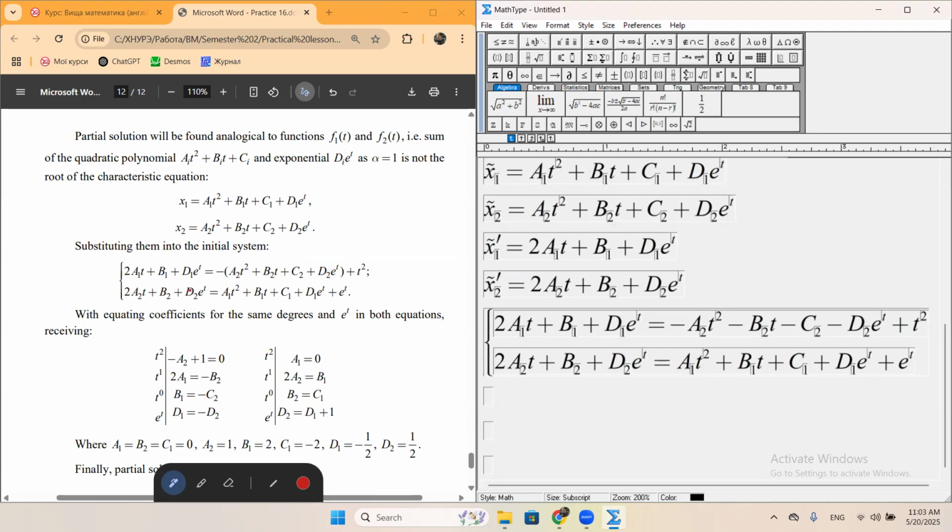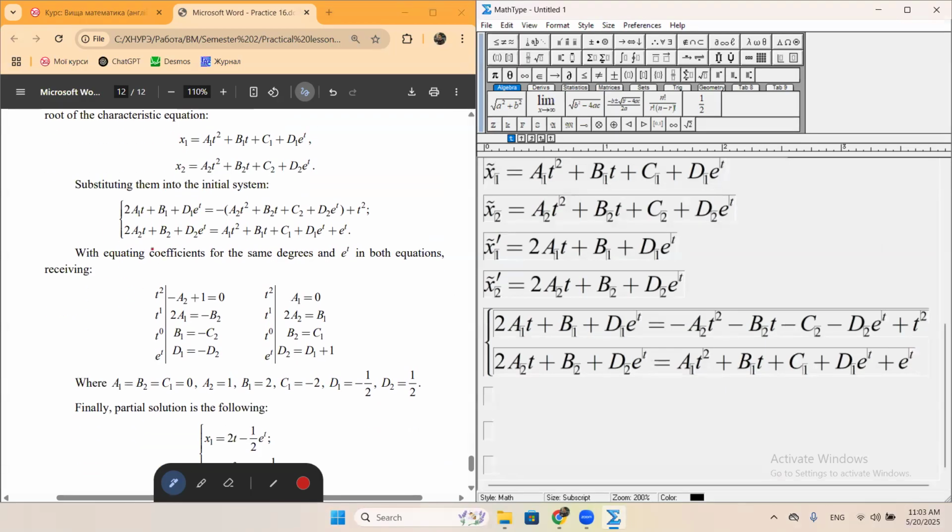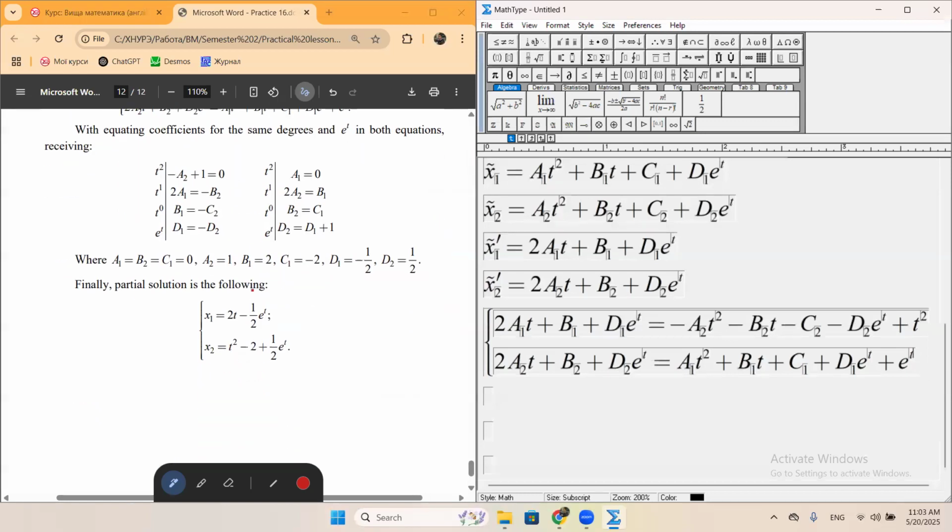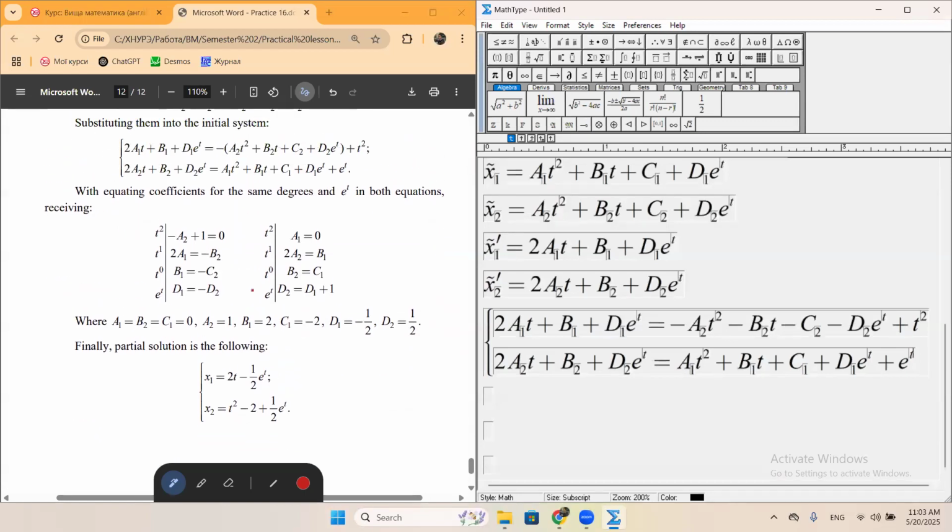And after that, we use the method of undefined coefficients, so we are finding all these coefficients. We have a system of 8 linear algebraic equations with respect to these coefficients.